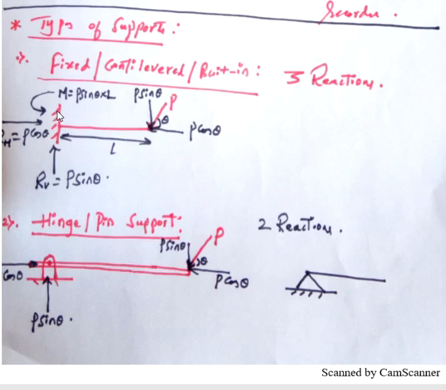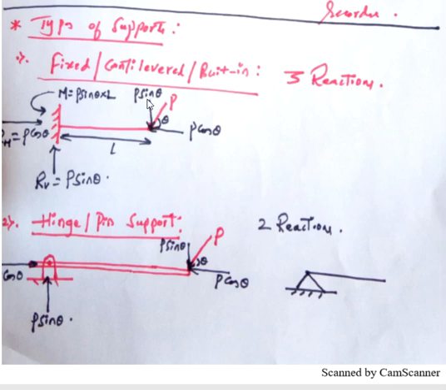For that, I will apply a force P at an angle of theta with the horizontal axis. Since this applied load is at an angle, it will get resolved into two components. Along horizontal it will become P cos theta, and along vertical it will become P sin theta.